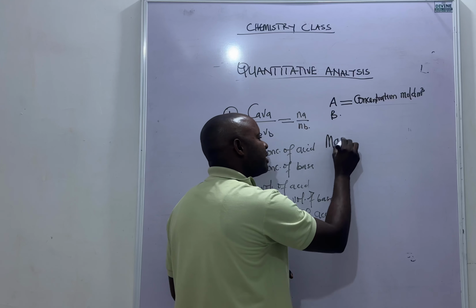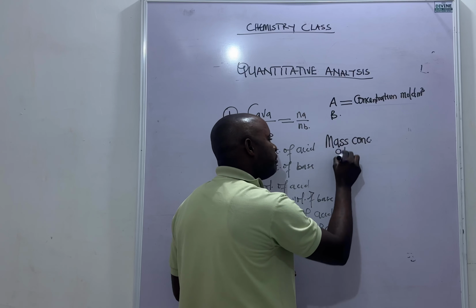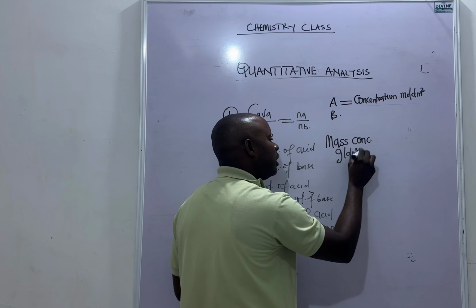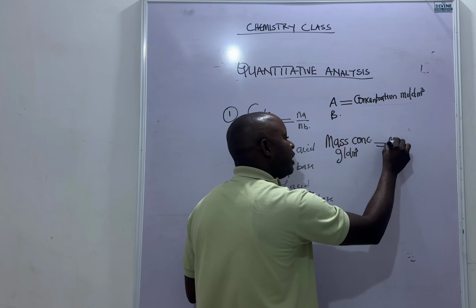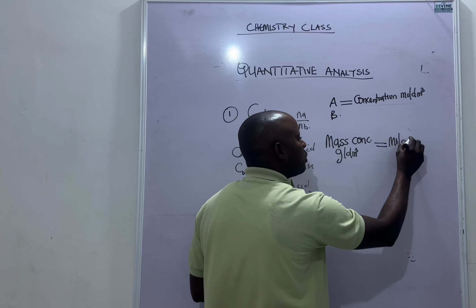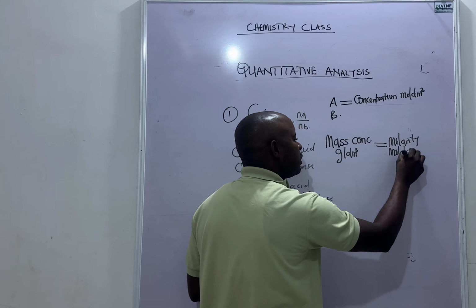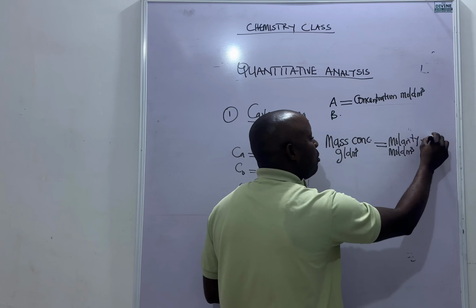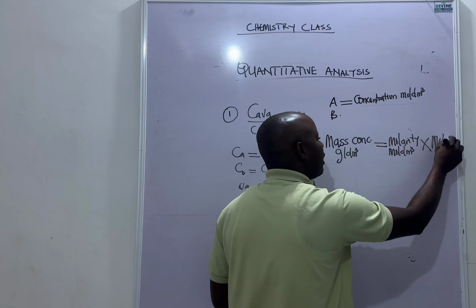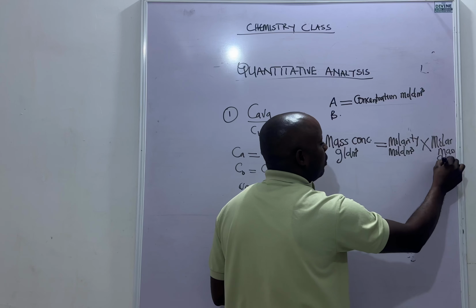It is given as mass concentration, known as mass conc, in gram per dm cube, is equals to molarity, in mole per dm cube, times molar mass, in gram per mole.